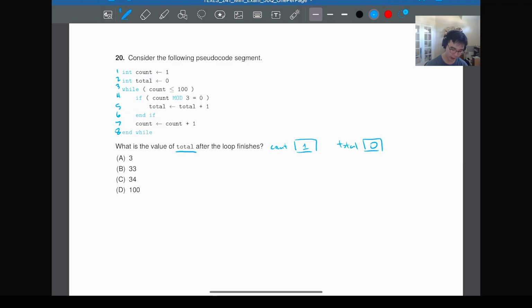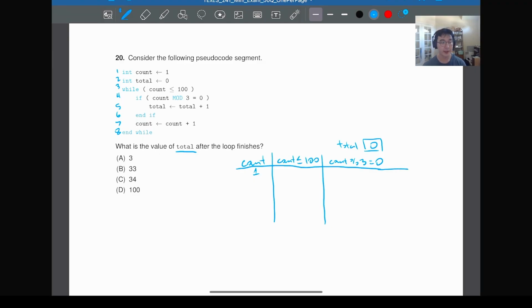Let me go ahead and change this up a little so that you can keep track better of what is happening. So count was 1. I asked is count less than equal to 100. I asked is count mod 3 equal to 0.